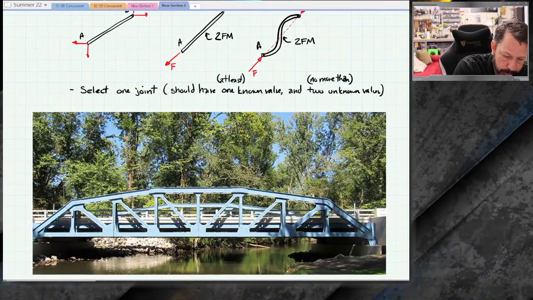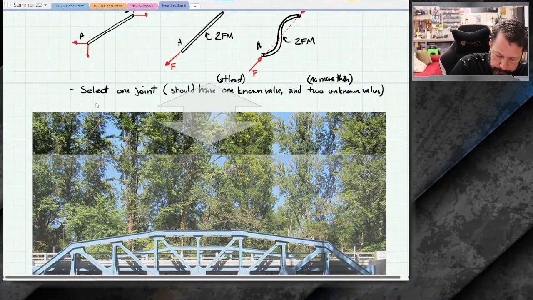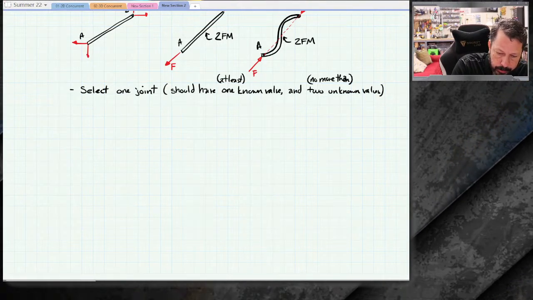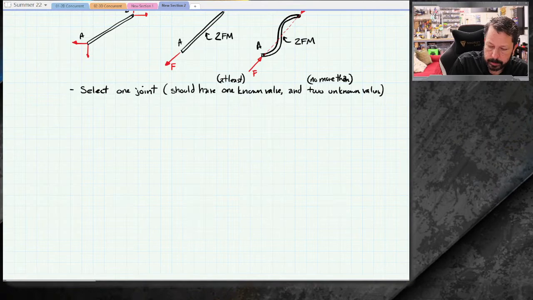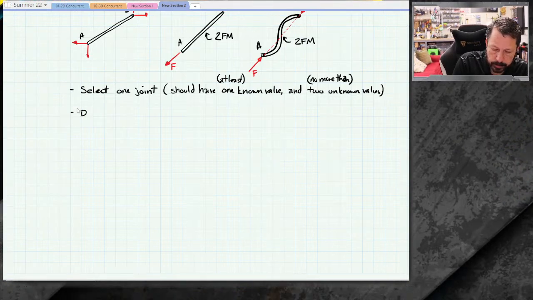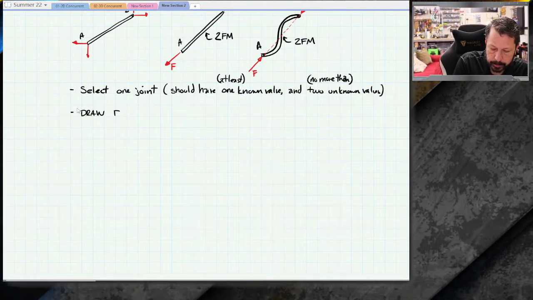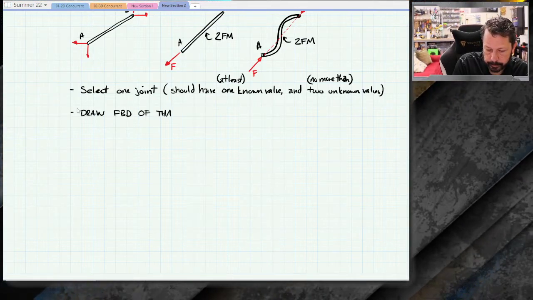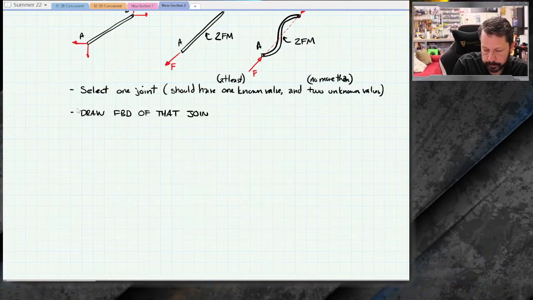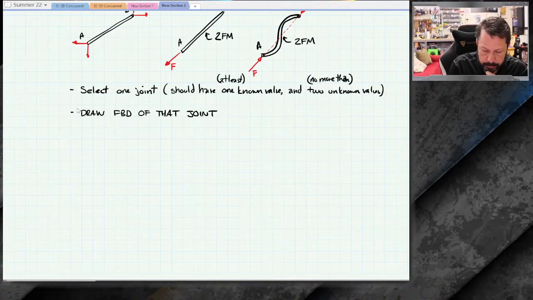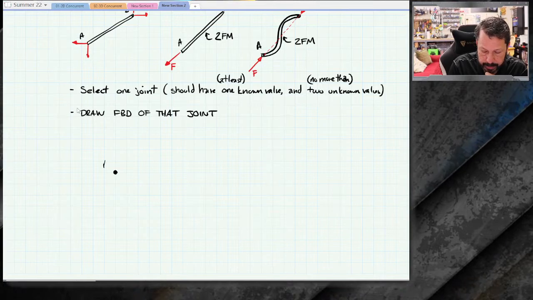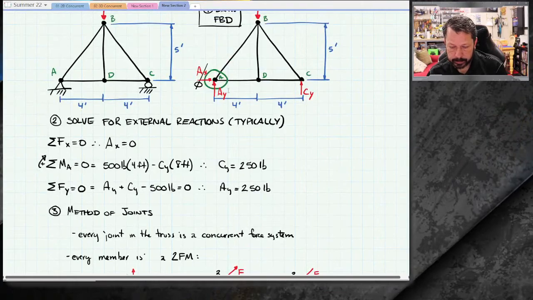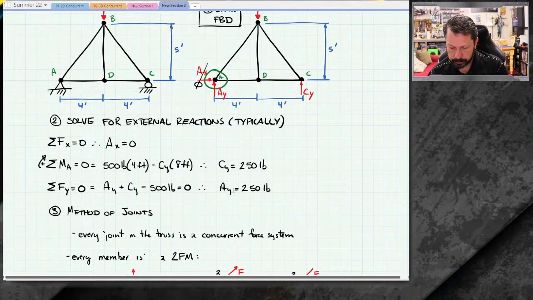So let's get us some more room. And what you do at this point is select a joint, draw the free body diagram of that joint. So I'm just going to have a circle for A. I've got AY, which I solved for, was 250 pounds.